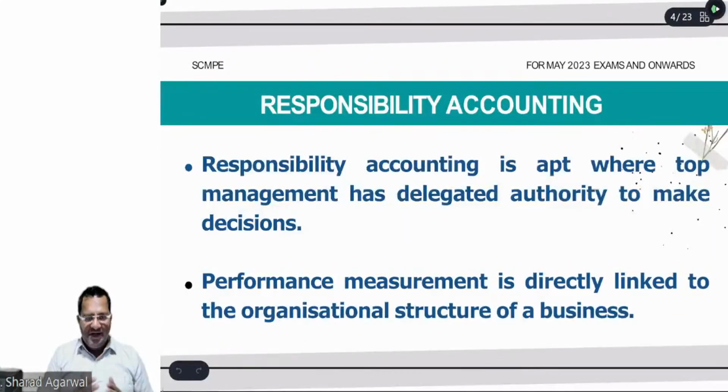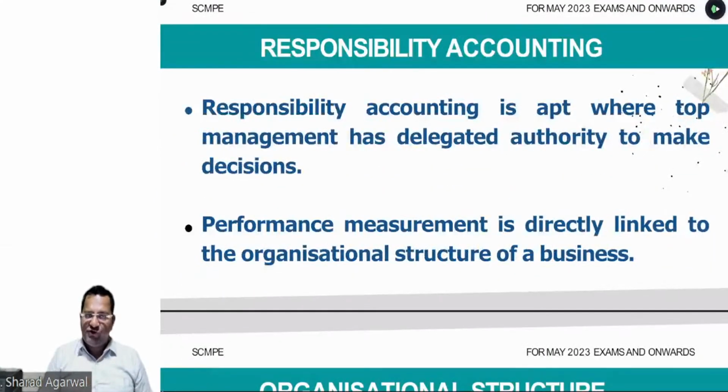So I have already repeated this point in the very first session that this chapter is applicable only and only in a decentralized environment. So please write down the third point, beta. Responsibility accounting works only in a decentralized environment.